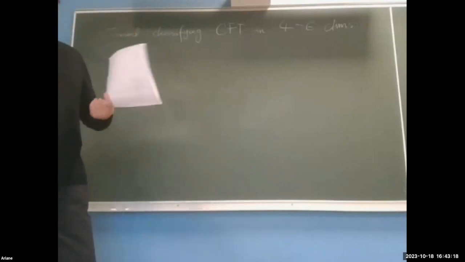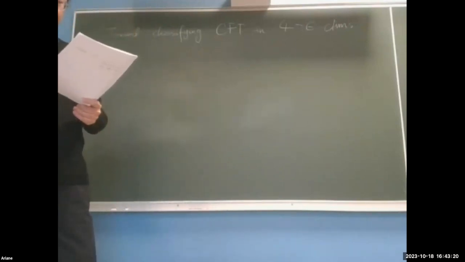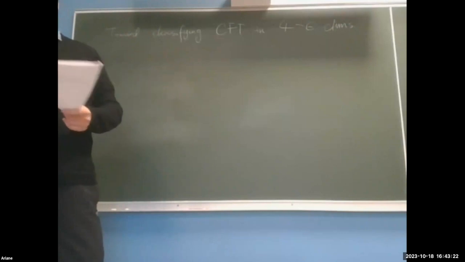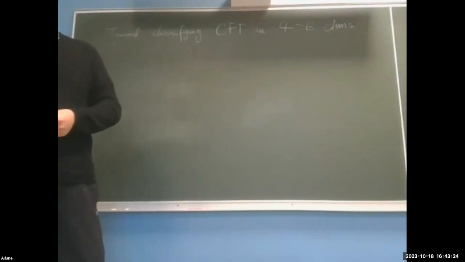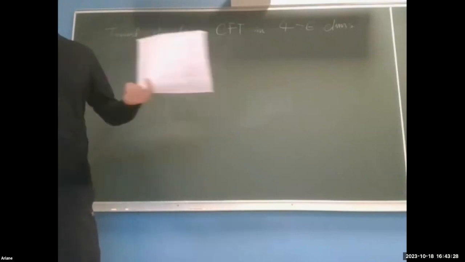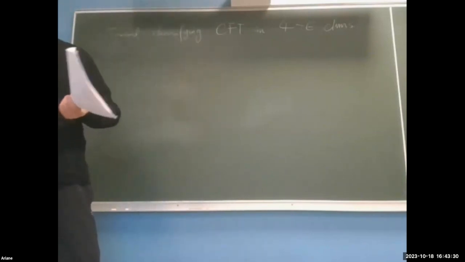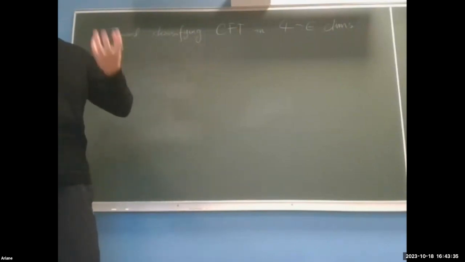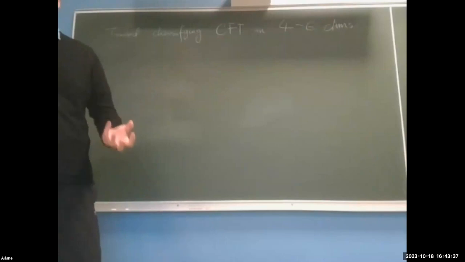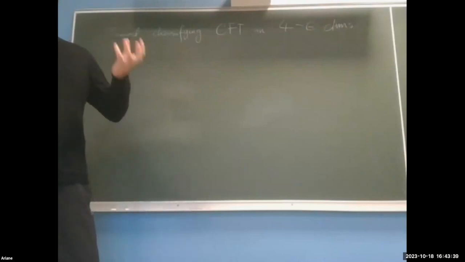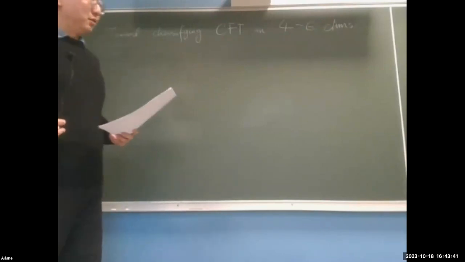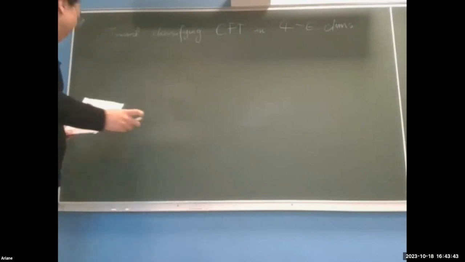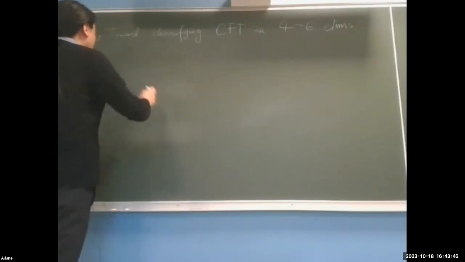Today, I am going to talk about a slightly different corner, which is in the 4 minus epsilon expansion. The 4 minus epsilon expansion is some trick that physicists use to get a feeling about quantum field theories. It's not completely rigorous, so I will first explain a little bit of the background of what this really is.